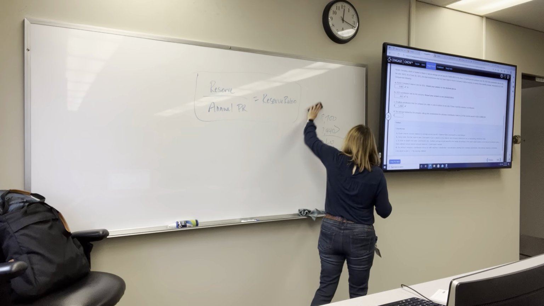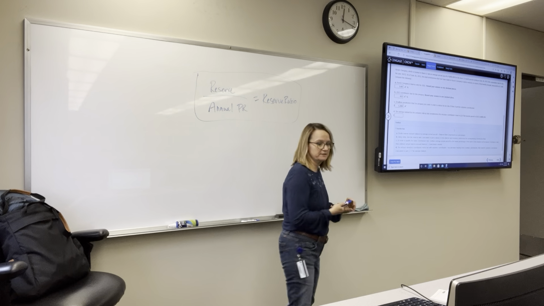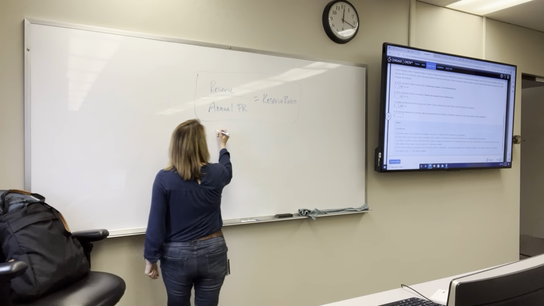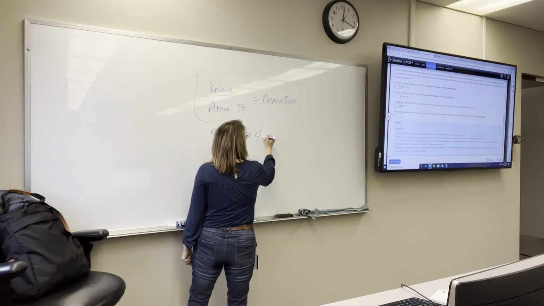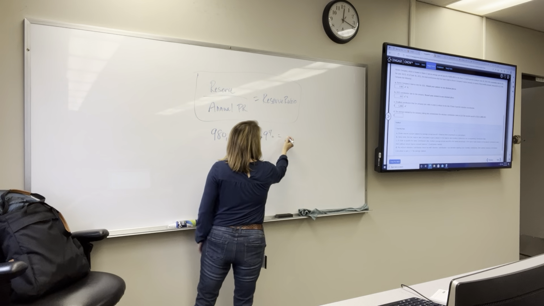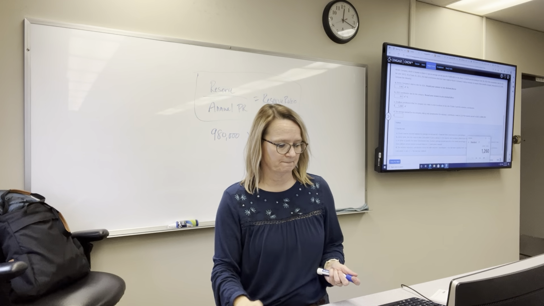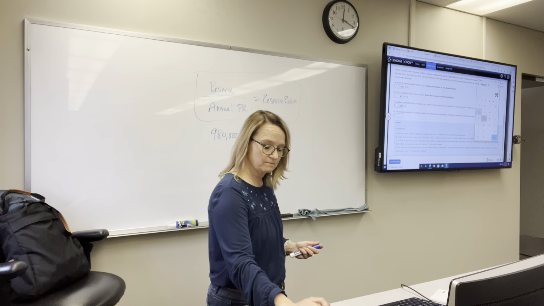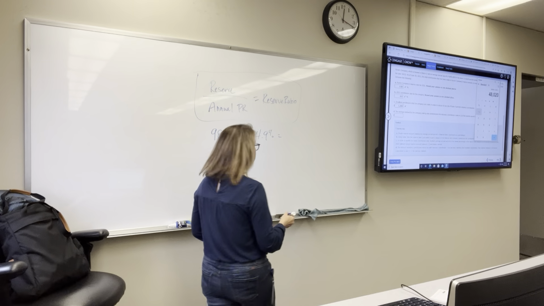So let's just say we didn't make this additional payment. How much would our tax be? So we were at 4.9%, right? So 980,000 times 4.9%. $48,020.